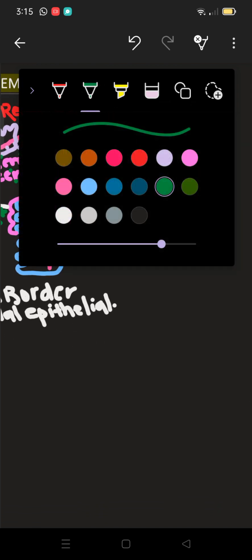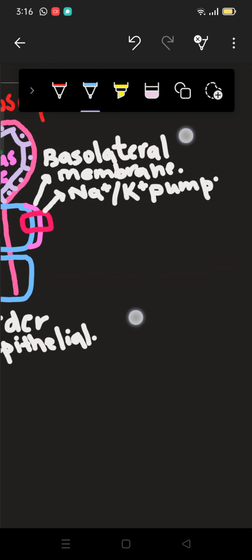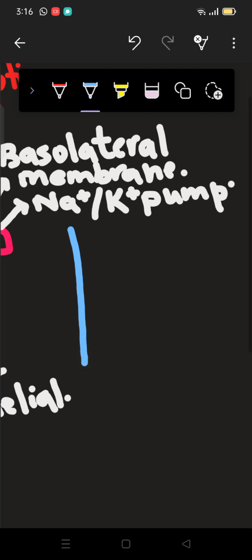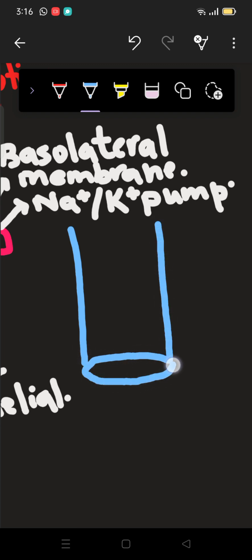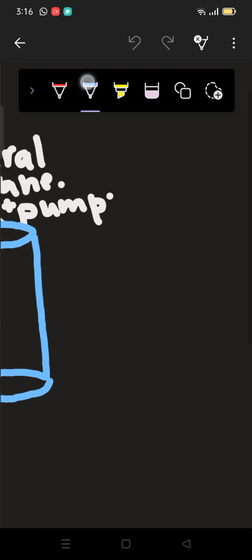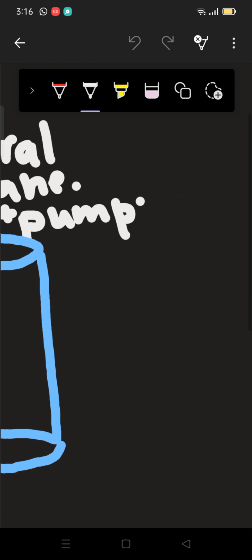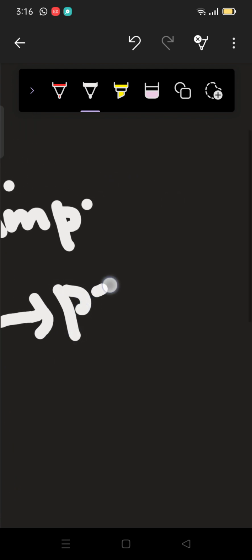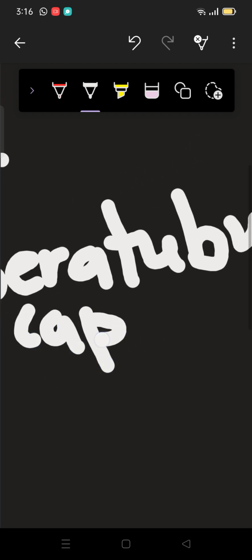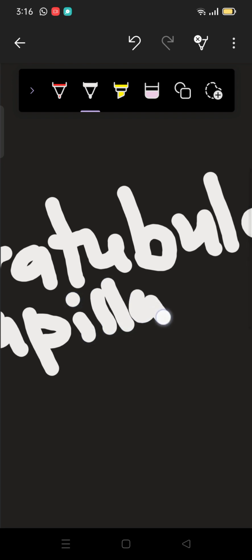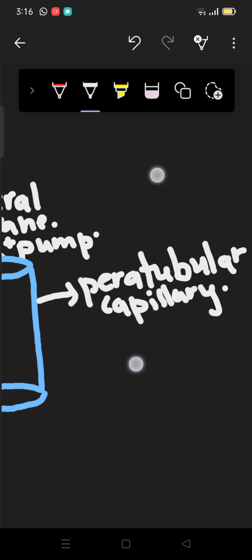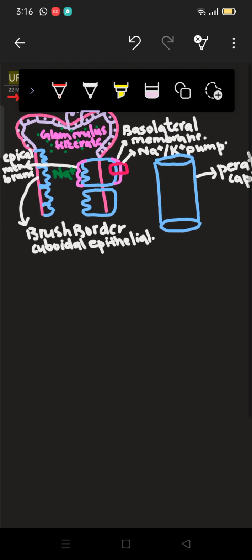Here I am going to make the peritubular capillary, in which the sodium would be reabsorbed.